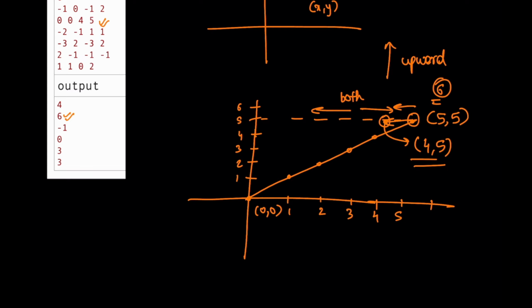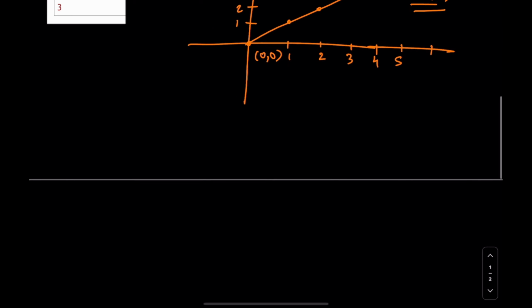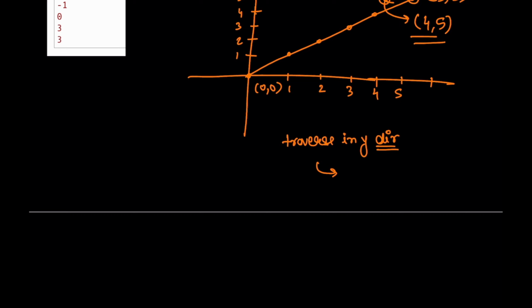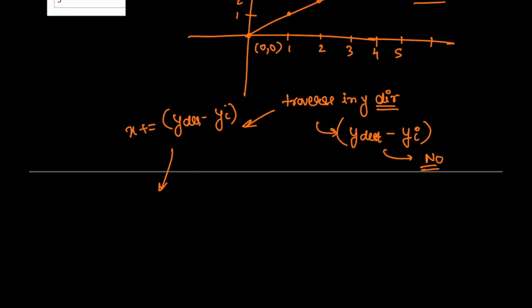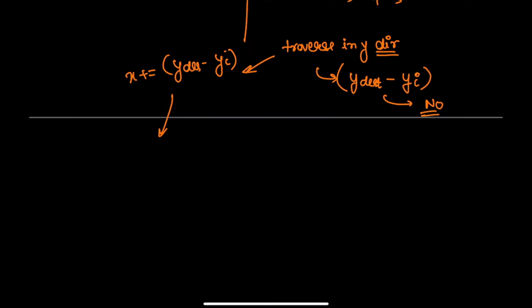So this is what we need to do. First we'll traverse in the y direction, and this distance needs to be y destination minus y initial. Now if this is negative we cannot, so the answer is -1. Okay, so we need to traverse this, and corresponding to this our x will also increment by the same. And now we need to change the x also, so we'll decrease the x by the magnitude of x finally minus x.